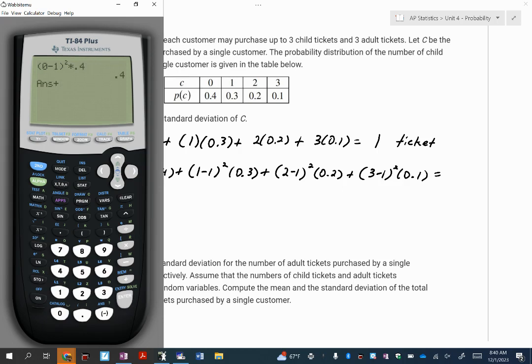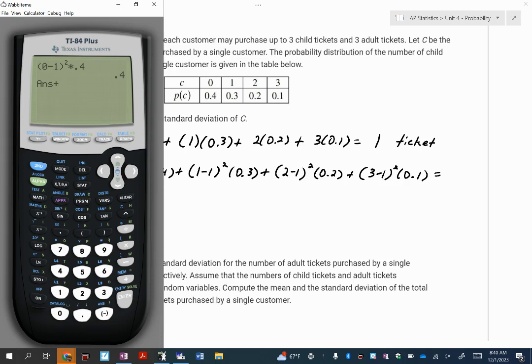Plus. Now, technically this one, do I need to type in the 1 minus 1 squared times 0.3? It's not wrong if you do, but if you notice 1 minus 1 gives you 0. 0 squared is 0. 0 times 0.3 would be 0. So actually I'm going to skip that one. I want to be very clear, especially if you're watching this video, you're not in class right now. Am I saying that it's okay to just skip them? No, the reason it's okay to skip this one is because it would become 0.